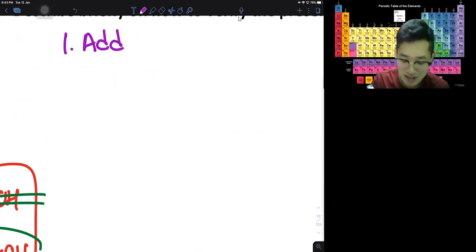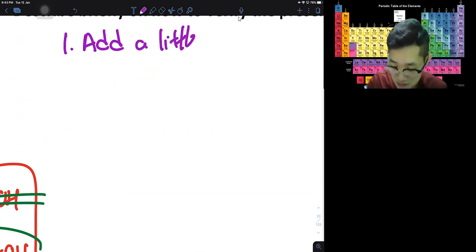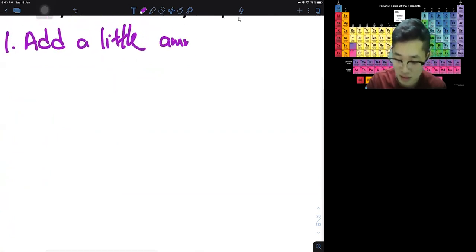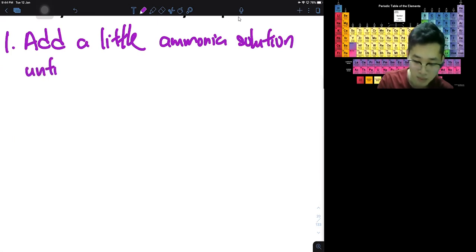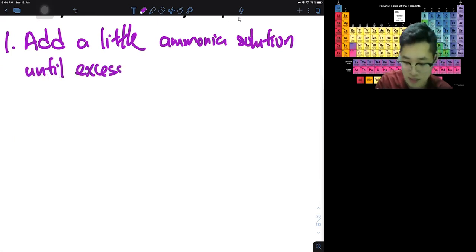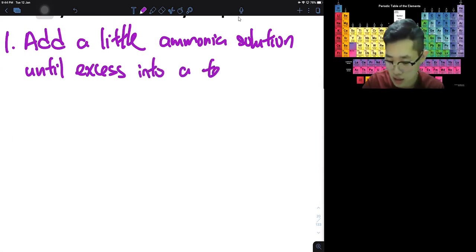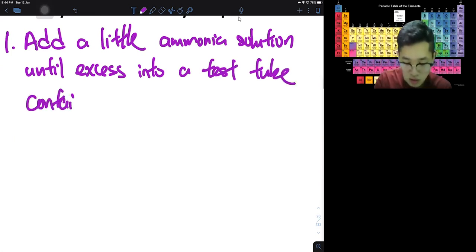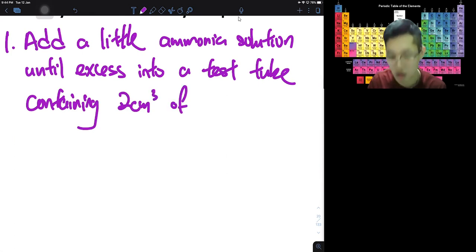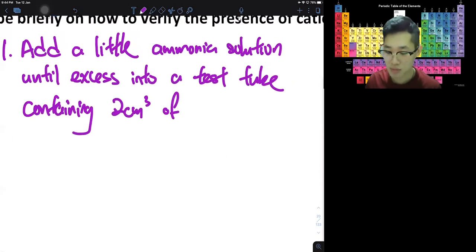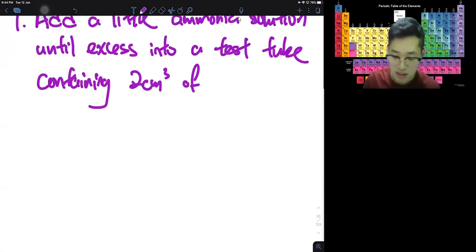So we add a little ammonia solution until excess into a test tube containing 2 cm cube of what solution is that?